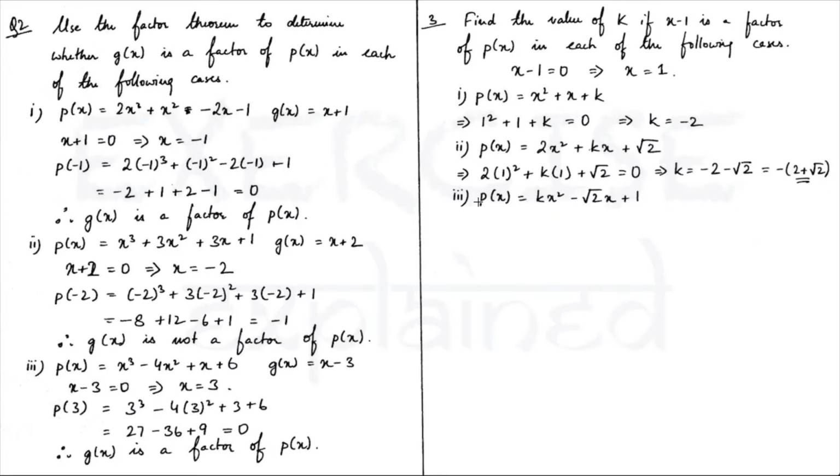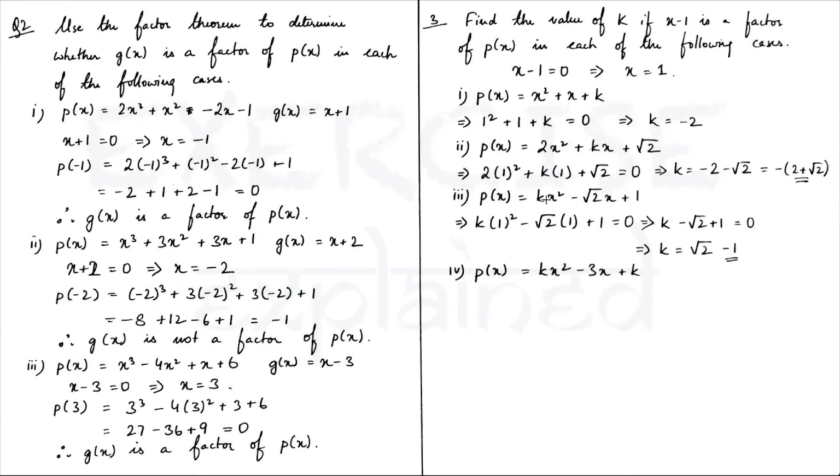Coming to the next question, p of x is equal to kx square minus root 2x plus 1. So again I'll be putting the value of x as 1, and we will equate p of x to 0. So k into 1 square minus root 2 into 1 plus 1.